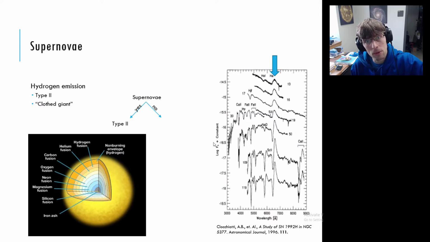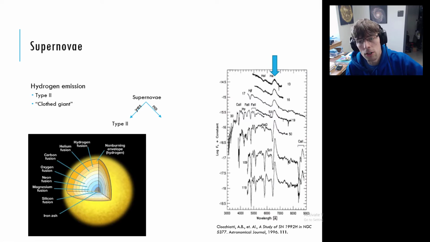But as time progresses, the intensity will slowly fade. That's because that explosion is spreading out into space and therefore is going to be dimmer as time progresses. So each of these lines represents a different time point. I believe 13 days, 16 days, 17, 19, 15, 100, 119. So as you look at the lines going down, these are days after the initial explosion.